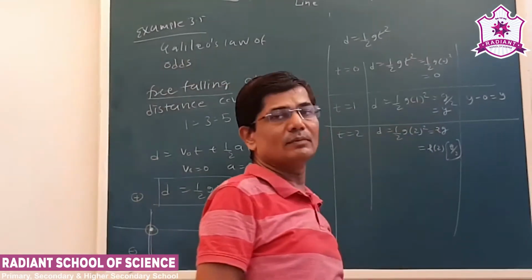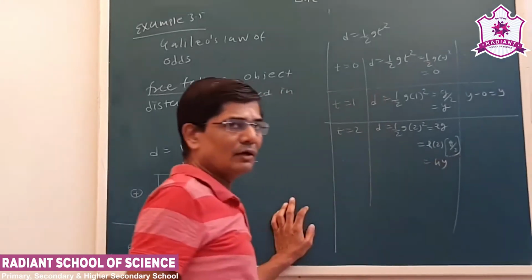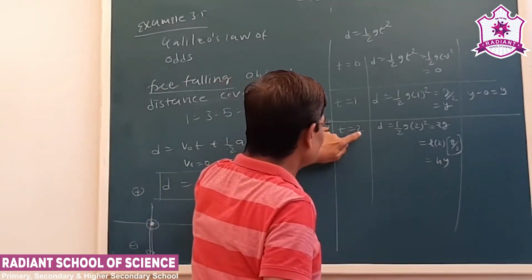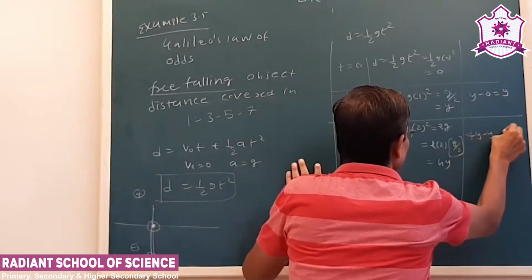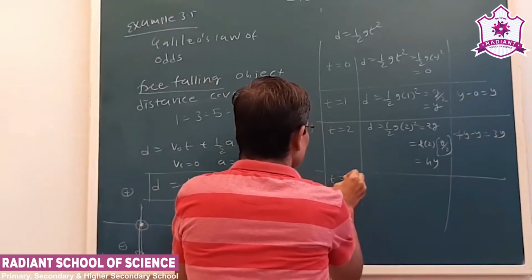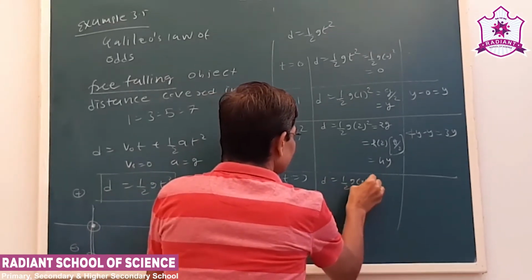Ultimately we have to get it in multiples of y, so that will make it 4y. Now the distance covered in the time interval between 2 seconds and 1 second will be 4y minus y, which is 3y. Now let us say t is equal to 3 seconds. So d is equal to 1 by 2 g into 3 square.